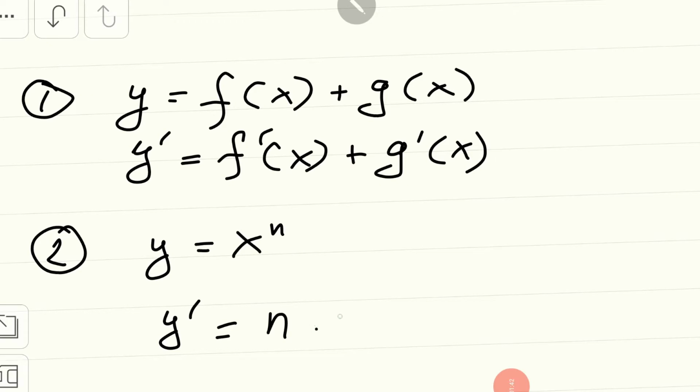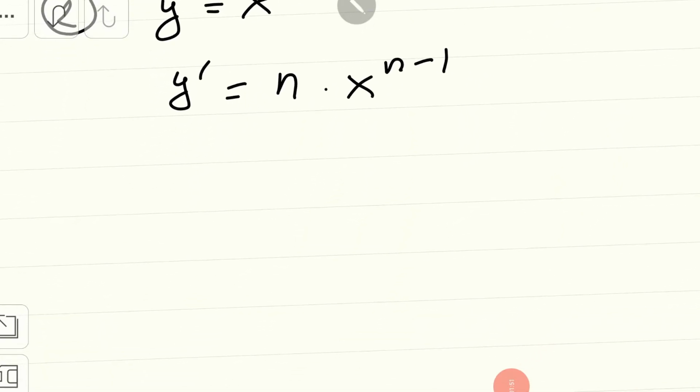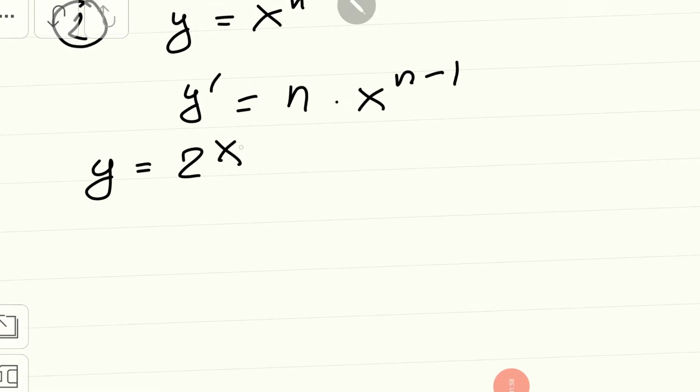The second rule, power rule, tells you that if you've got a function y equal x to the power n, then the derivative y prime will equal n times x to the power n minus 1. On the basis of these two rules, we can find the derivative of a polynomial function.